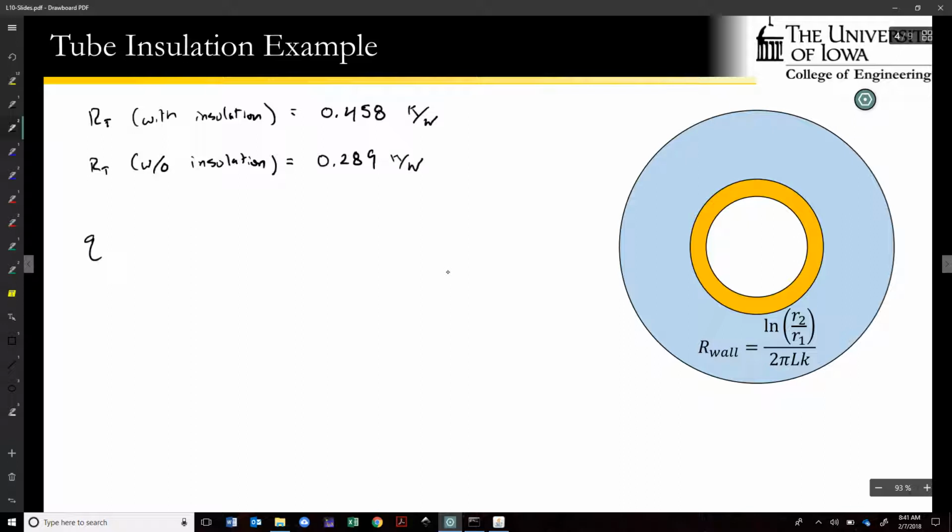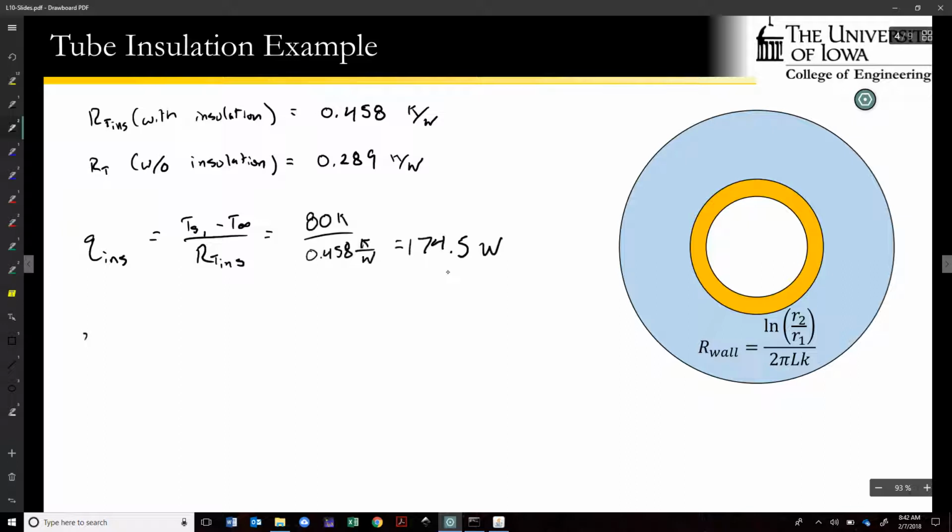Then Q, go ahead and say Q ins here, is equal to TS1 minus T infinity over RT, let's say ins, and works out to 80 Kelvin over 0.458 Kelvin per watt, or 174.5 watts. Okay.